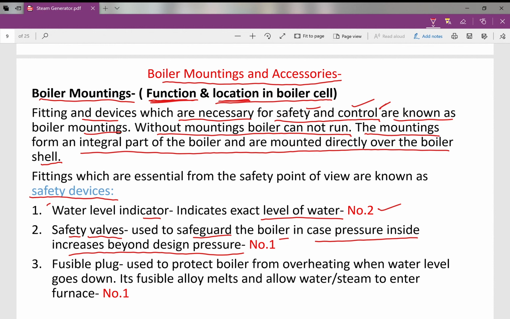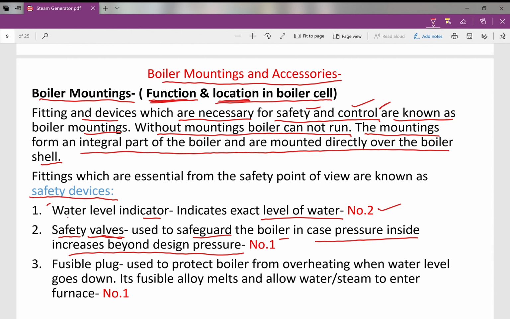Safety valves should be located at the top of the boiler. Function I told, location at the top of the boiler, since steam should go out from there. Being lighter, steam is located at the top.